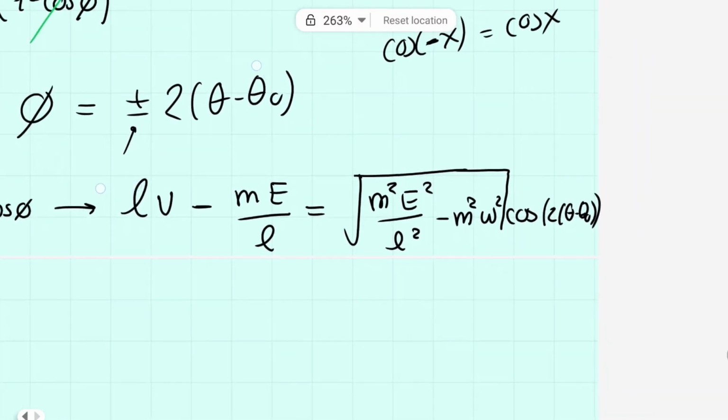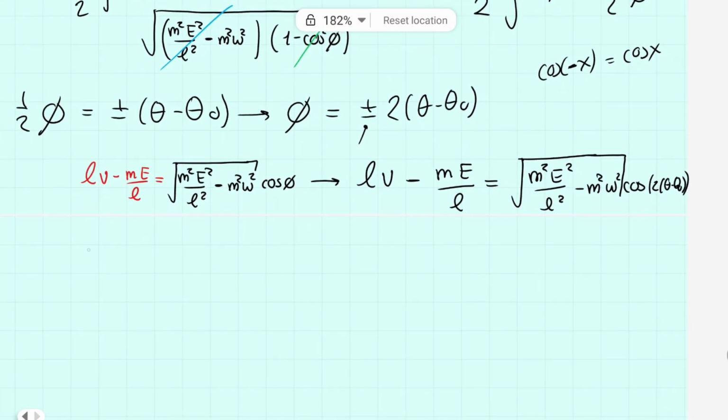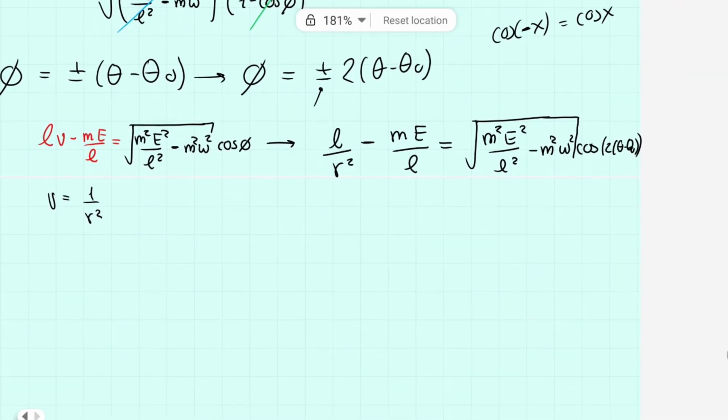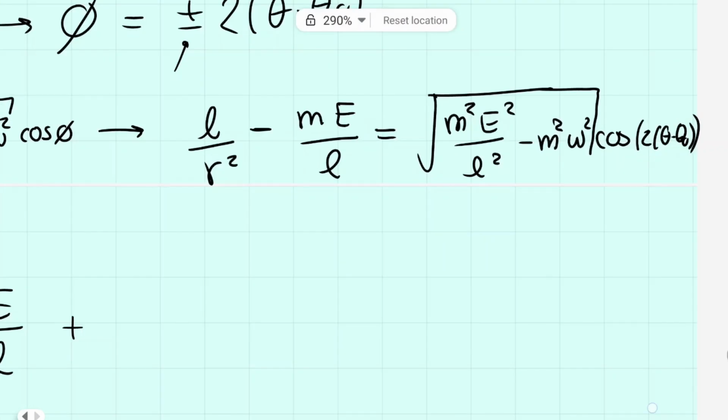Okay, and also remember that we made the change of variable b equals 1 over r squared, so we can just take out this b to put L over r squared. So if we work a little bit with this expression, first of all, we are going to get that L over r squared is going to be equal to ME over L, and then plus, and we are going to take this as a common factor in this square root.